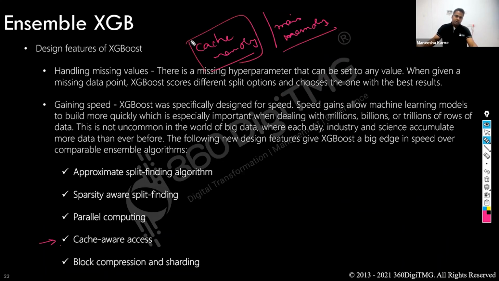Cache memory is going to be very fast. It will have high speed, like your RAM. Writing and IO operations, input output operations, will be extremely fast when you do it on cache memory. Okay. However, this memory will be limited.